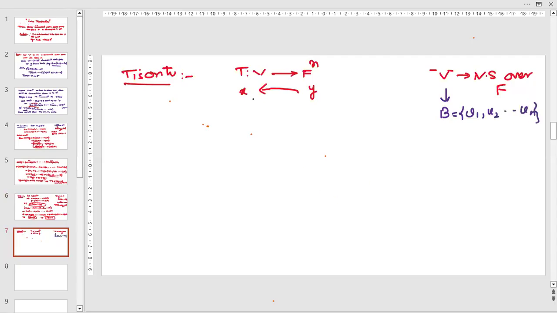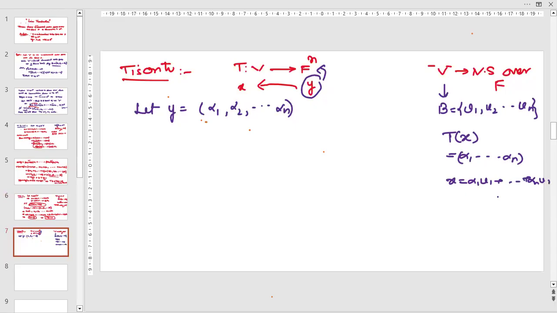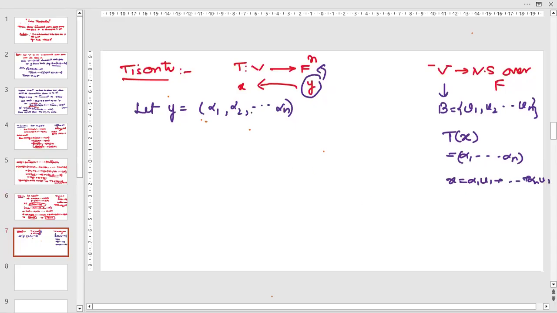This is the basis. Now, taking Y in this, let Y is equal to alpha 1, alpha 2, so on to alpha n. Now, what is the definition of Tx? The definition of Tx is alpha 1 through alpha n, where x is equal to alpha 1 V1, so on to alpha n Vn. Okay? This is what we have.